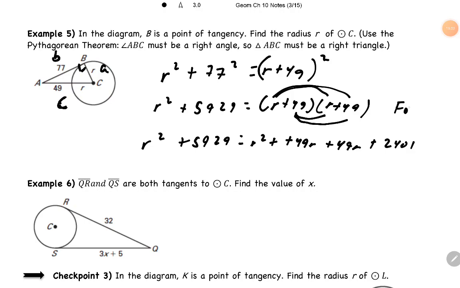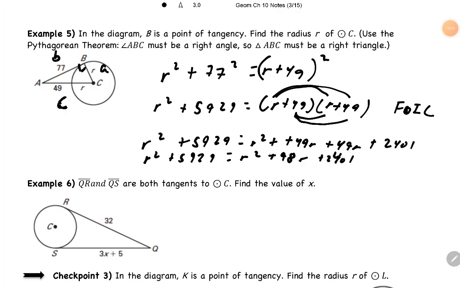So FOIL. Okay. Now we're going to get r squared plus 5,929 is equal to r squared plus 98r plus 2,401.